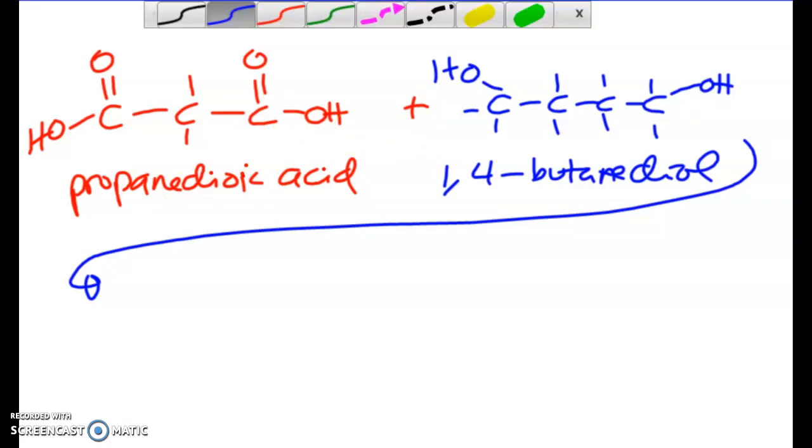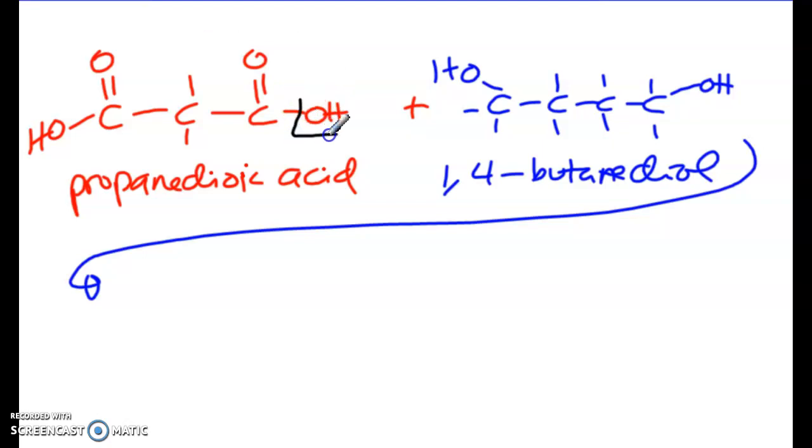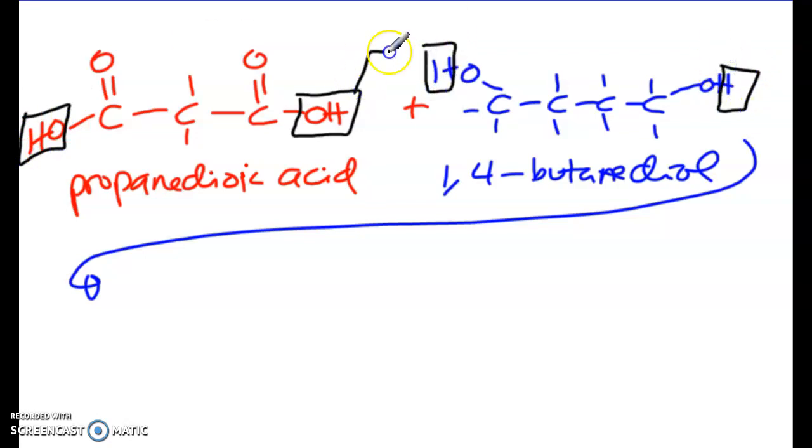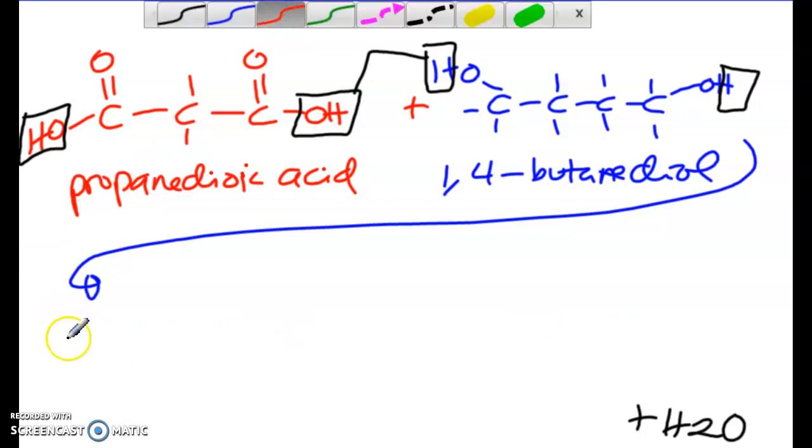So what happens? I'll use a different color. The OH groups on the carboxylic acid and the H from the OH combine to make waters, right? So we know that waters will be made as a product. So when we connect these, there's going to be multiple connections. So just to show you like a repeating unit, I'll do multiples here. So let's take a look.